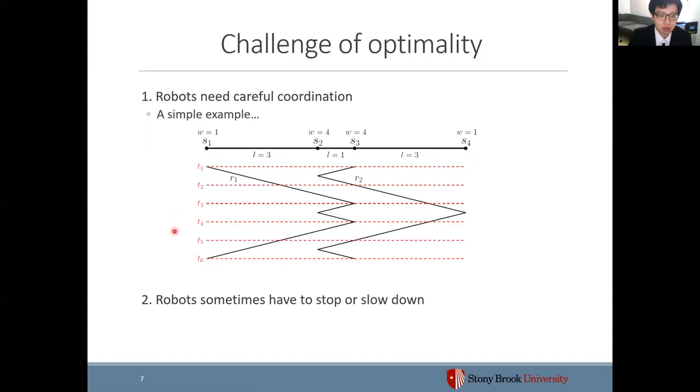Now, we show the optimal schedule for two robots. Robot 1 starts from S1, and robot 2 starts from S3. First, robot 2 will zigzag here because S2 and S3 have very high weights, so it has to revisit these two sites again and again.